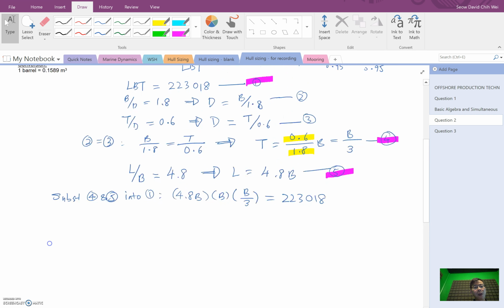So compared with the above, you can see that this is L, B remains unchanged as B, and this is T. So this is how I eliminate L and T. And now I'm going to solve for B.